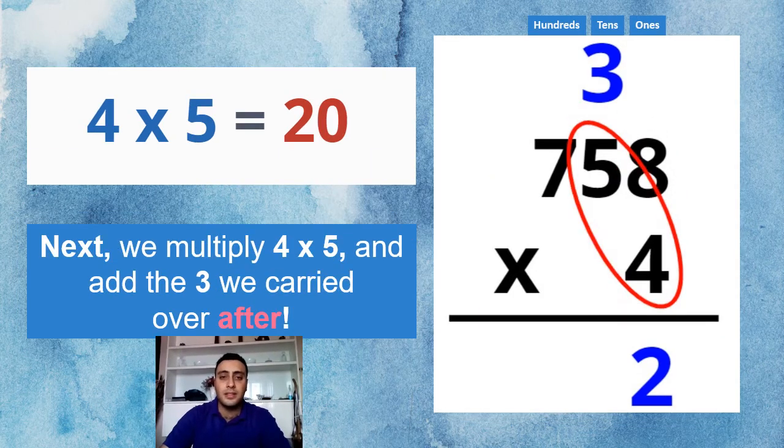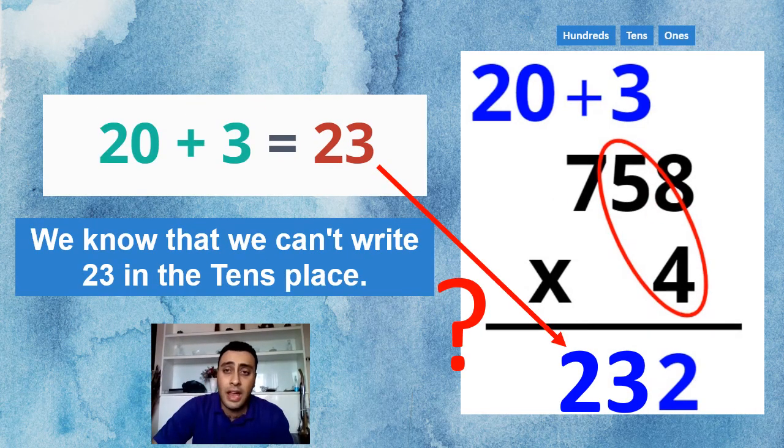Now, what do we do next? Very easy. 4 times 5. You see, we multiply 4 times 5, and whatever answer we got, plus 3. So 4 times 5, what is it? 20. And we add it to the 3, right? So 20 plus 3 equals to 23. Now a question, do we put 23 down here?